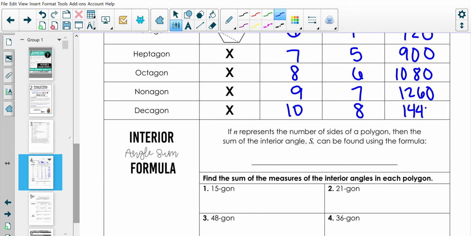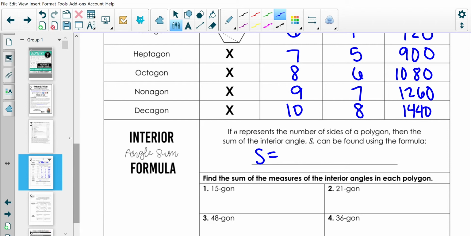All right. So we need a formula because I don't want to list out to a 49-gon or 48-gon. If n represents the number of sides of a polygon, then the sum of the interior angles S can be found using this formula. We were multiplying what by 180?